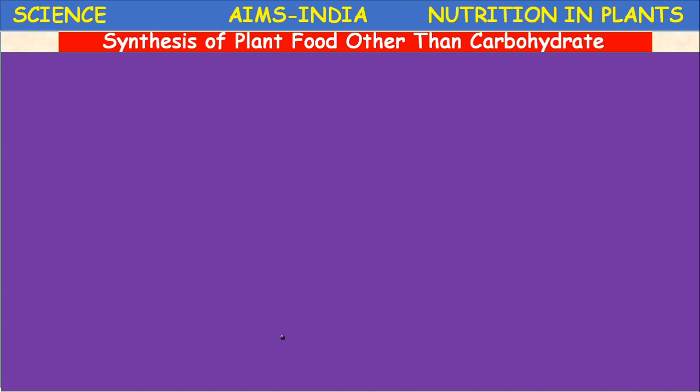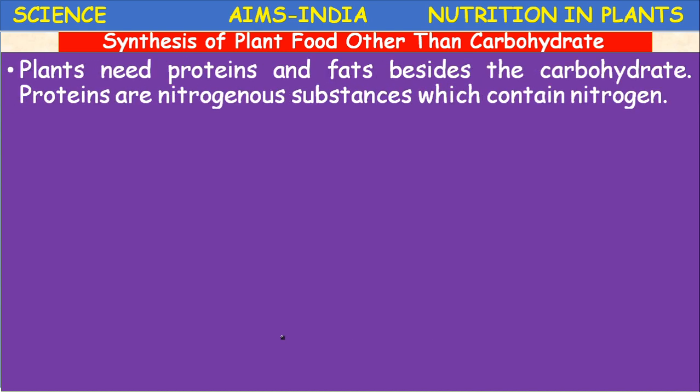Next, synthesis of food other than carbohydrate. So we are of the opinion that the plants synthesize food material by a process called photosynthesis. The carbohydrate is the main product of photosynthesis. But the plants need proteins also.